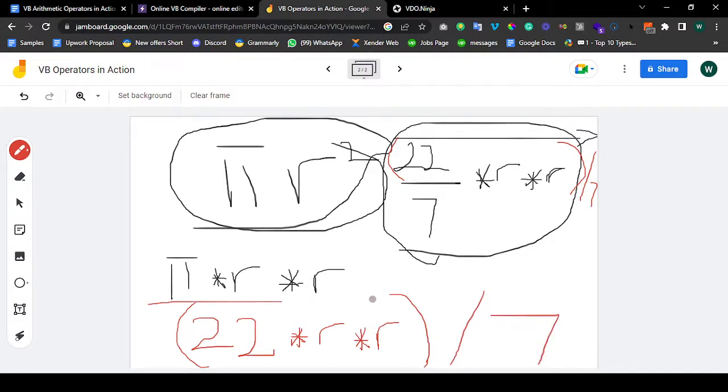The computer will understand this. So this is what we're going to be using. This will be our final formula for calculating the area of a circle.